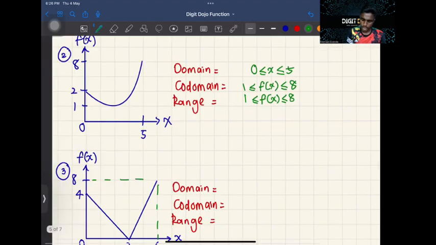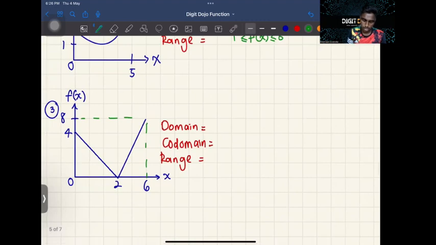Another example, the third one, is also a continuous function because all the elements are in a continuous graph. So domain and codomain in a range form. Again, what is the domain now? What's the lowest domain? Don't take 2. The lowest domain is 0. So x more than or equal to 0, less than or equal to 6. 6 is the highest.